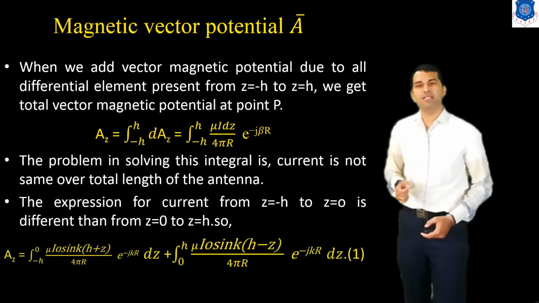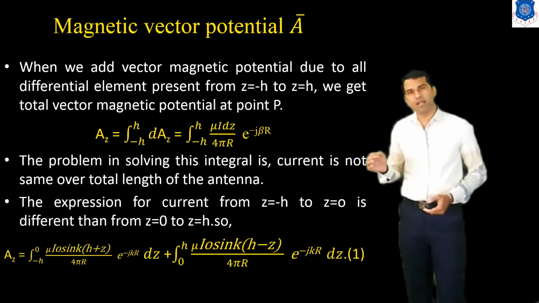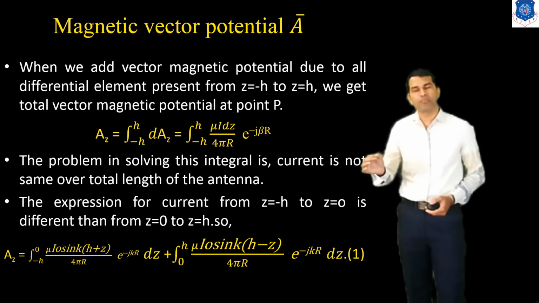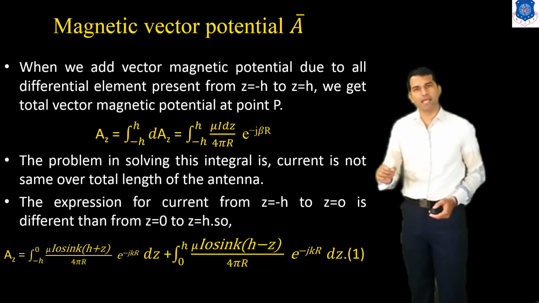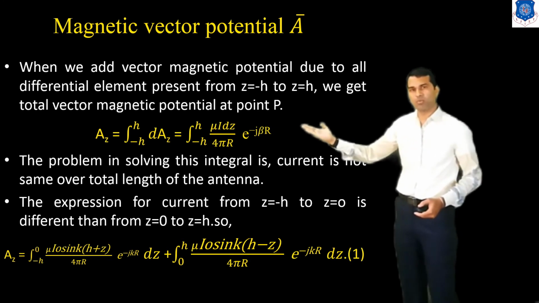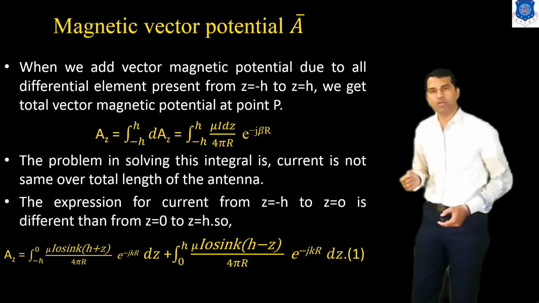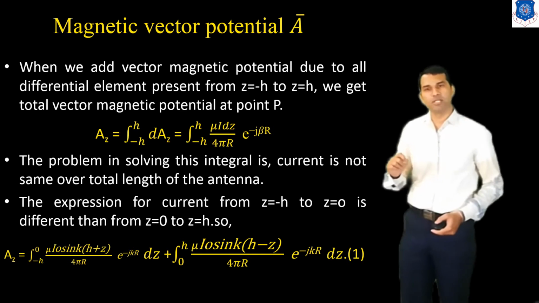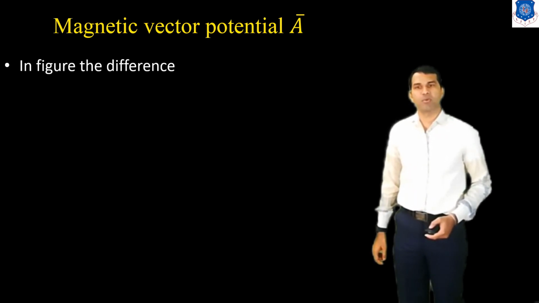So we can write this integration in two portions: the first one is minus h to 0 and the second one is 0 to h.